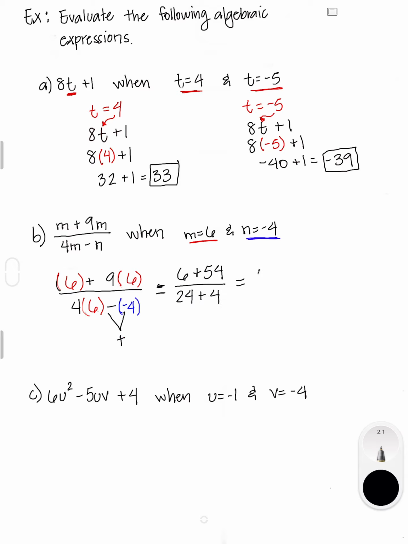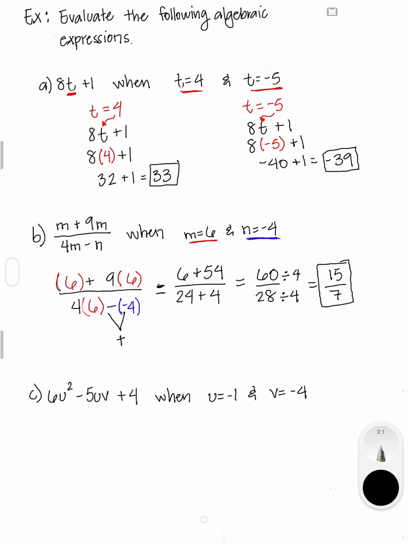So this becomes 60 over 28. I simplified the numerator and the denominator. Now I can reduce by 4. So 60 divided by 4 is 15, and 28 divided by 4 is 7. And 15 over 7 is the value of the algebraic expression when we plug in 6 for m and -4 for n.